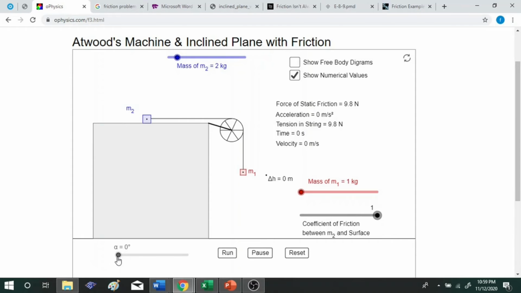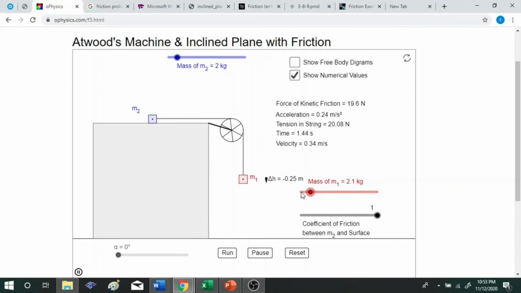The angle of this B3 is 0 degrees, and you click run. And mass of M1 you need to adjust until the object moves. So the object moves at 2.1 kg.